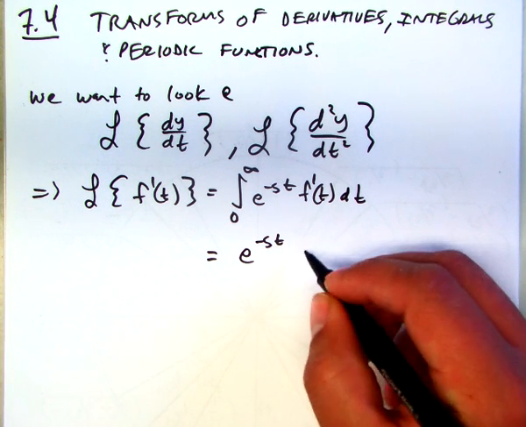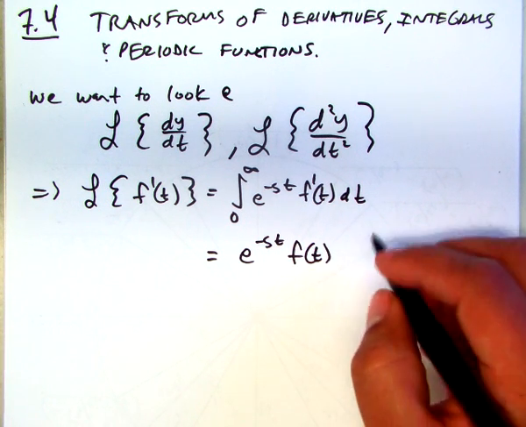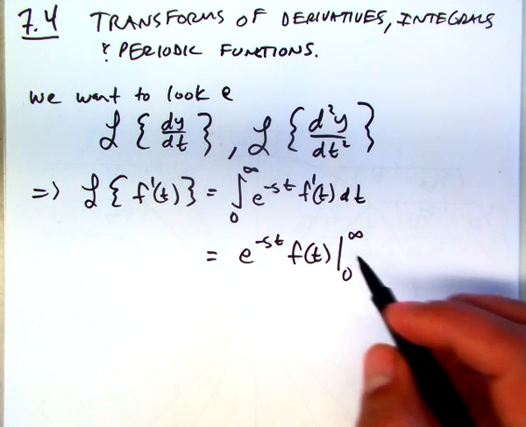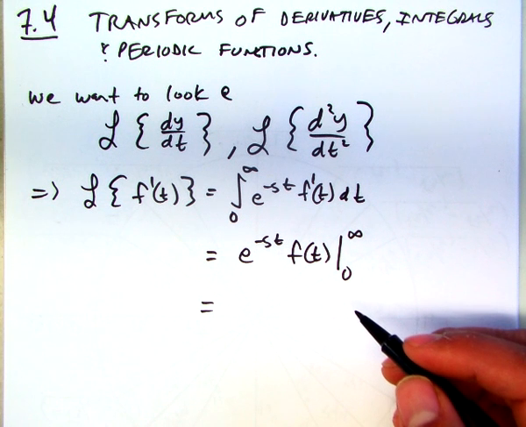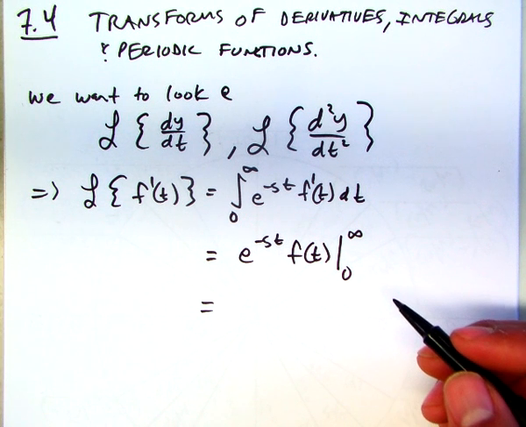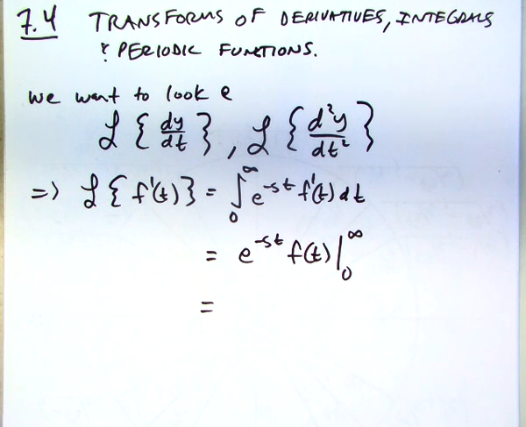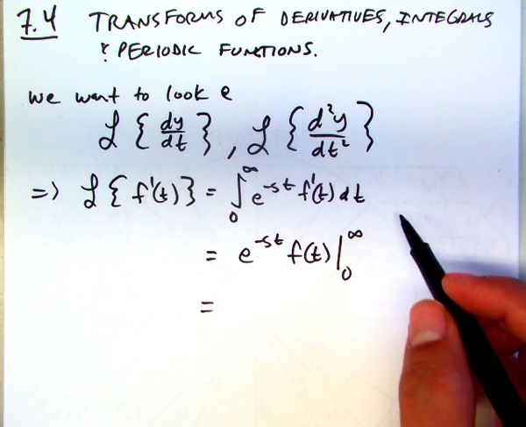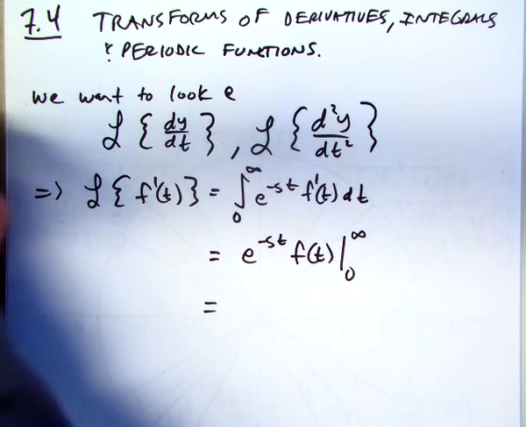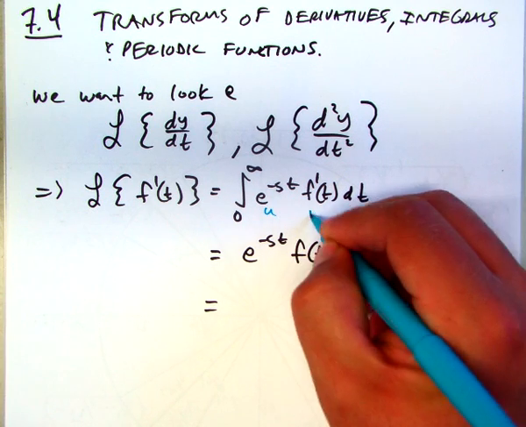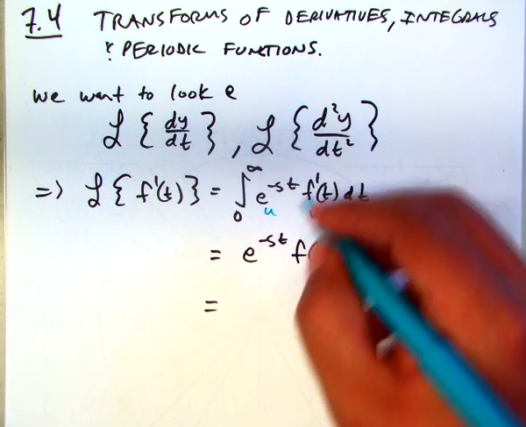It's e to the minus st f of t, evaluated from 0 to infinity, or at least take the limit as t goes to infinity. Nope, I'm missing something. We should be doing integration by parts here, because we do have e to the minus st, so it's not quite as easy as I thought. This part will be there. We can call this u and this dv. There we go.